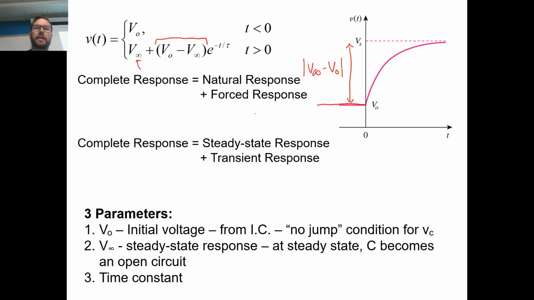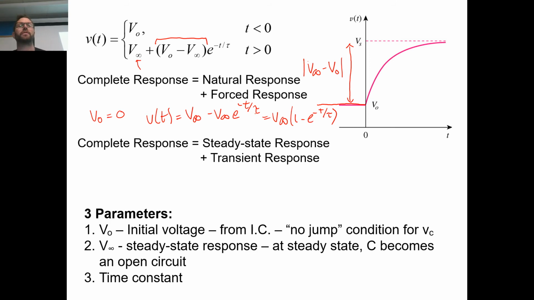For V naught equals 0, you're going to find something like V of t is equal to V at infinity minus V at infinity e to the minus t over tau. Or you can also write it as V at infinity times 1 minus e to the minus t over tau. And maybe you've seen it that way in physics class, right?